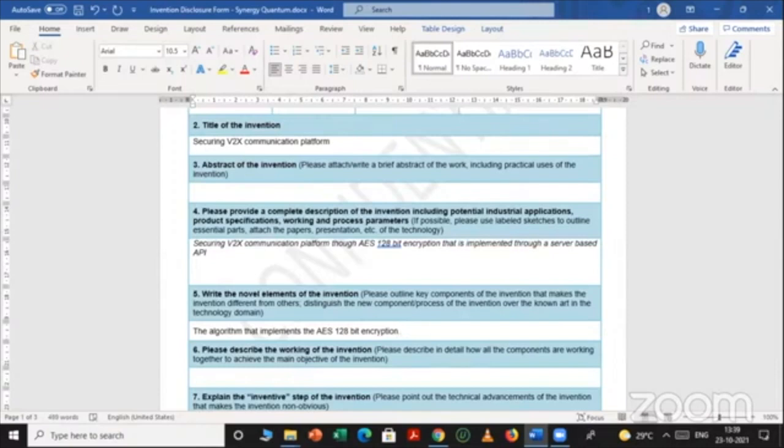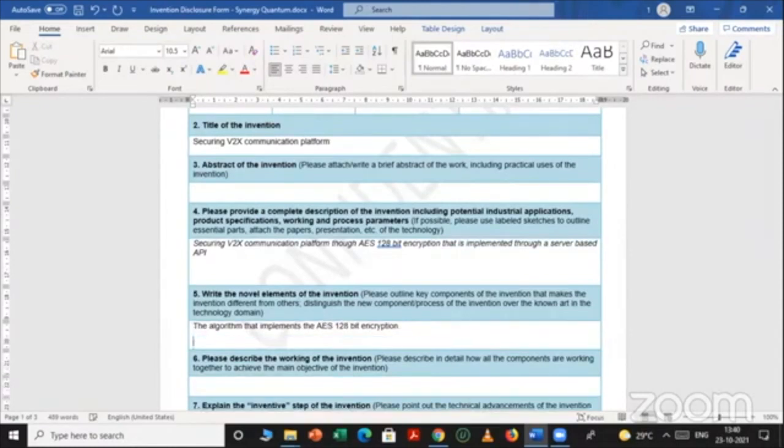Again, I have not described it in detail, but if you're a researcher and you have done a considerable amount of research in your topic, you should describe your novelty: how your algorithm that implements AES 128-bit encryption is novel, and how this encryption algorithm is different from other existing AES 128-bit encryption.